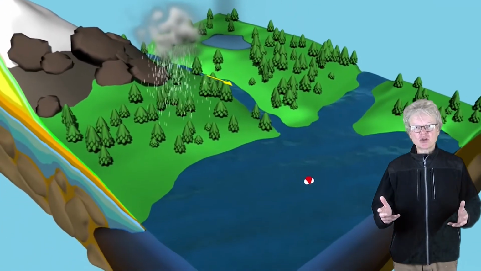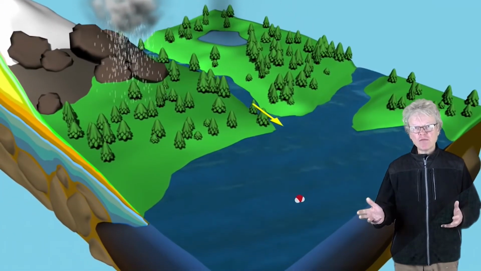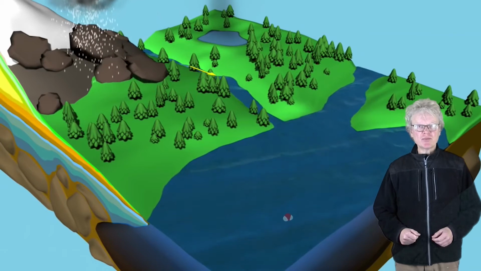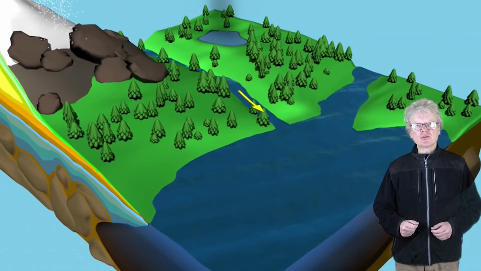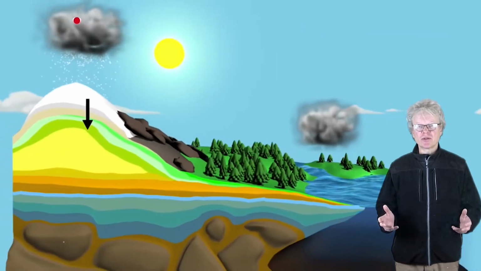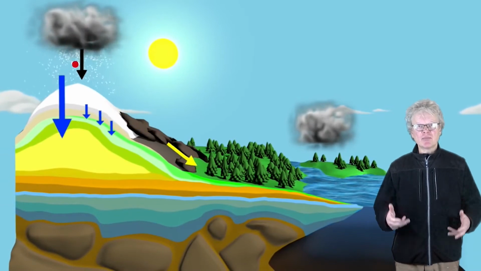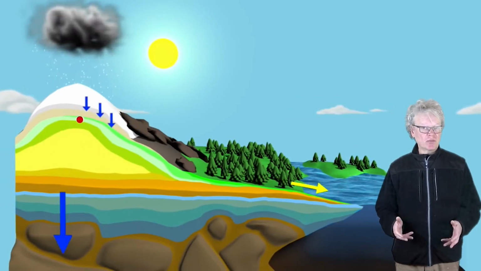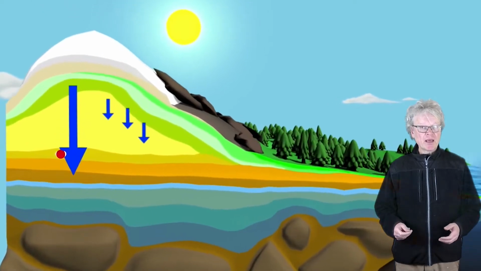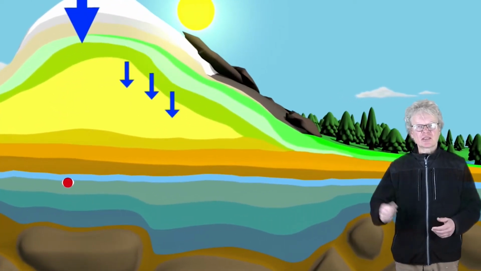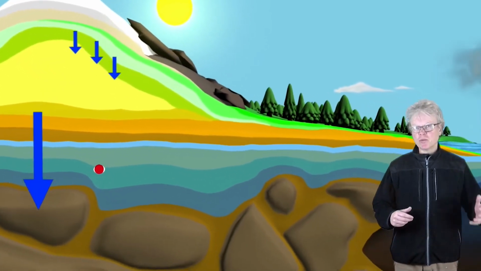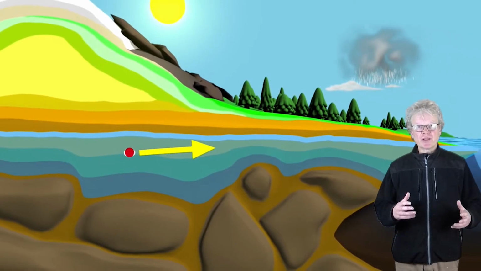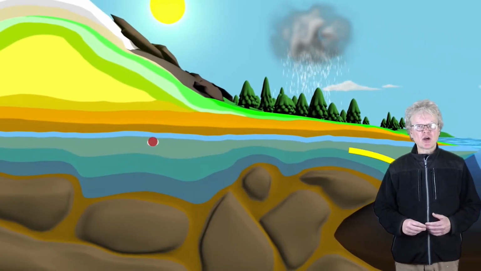It can collect on the Earth's surface and run off in rivers and streams. The other thing it can do is infiltrate through the soil, and if it does that, it can then move down into what we term the groundwater, and then either as it moves via runoff or moves through groundwater, it will then eventually return to the ocean.